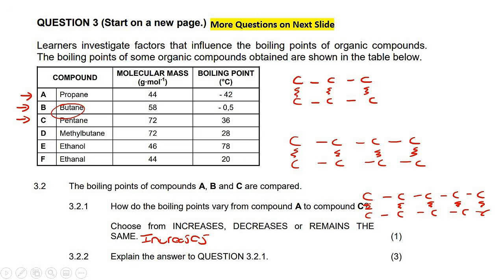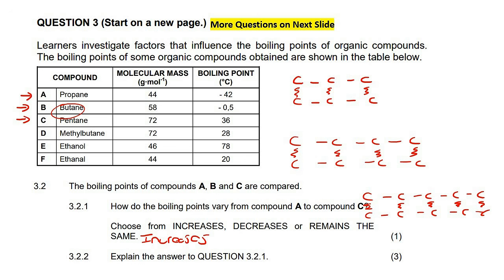And so remember that these are alkanes. Alkanes have London force intermolecular forces. And what do we know about London forces? We know that London forces become stronger when the molecules become longer. Why? There's many different ways you could say this, but one of them is that you are increasing the surface area.